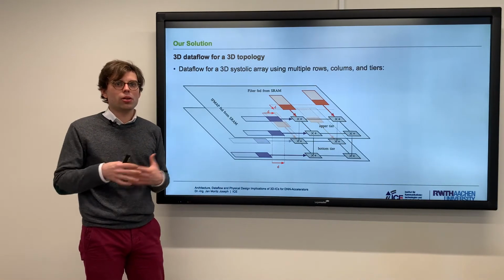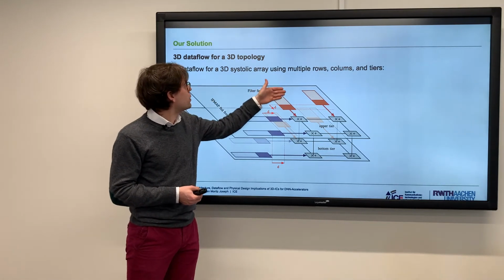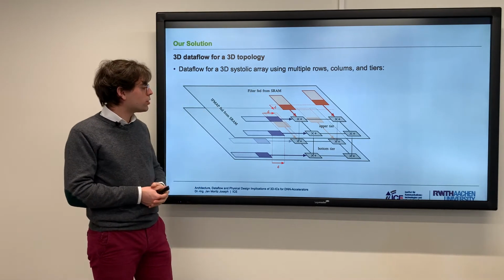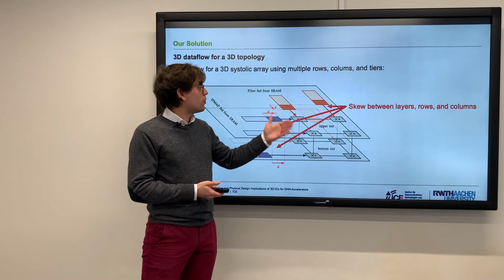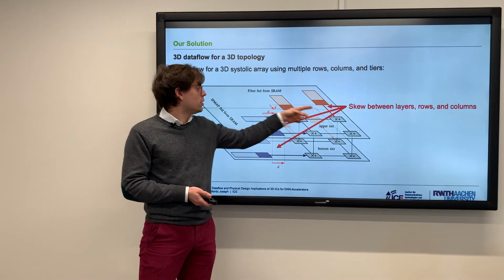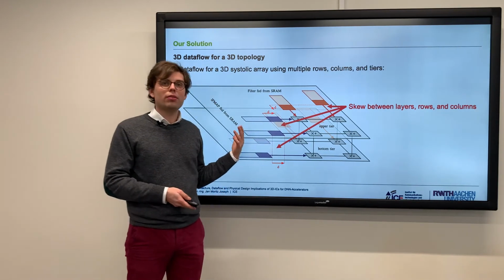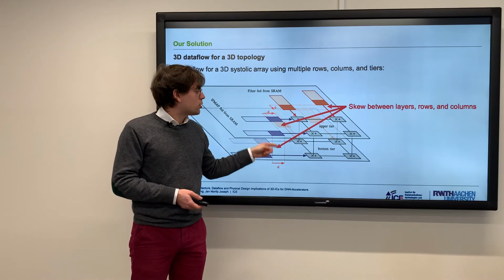And if we now take a look at the whole systolic array, what you can see here is that you feed in the data from top and left. And then the first observation is that you have skew between rows and columns as in each 2D case, as well as for each layer, but you also have to skew between the layers of your 3D stack.